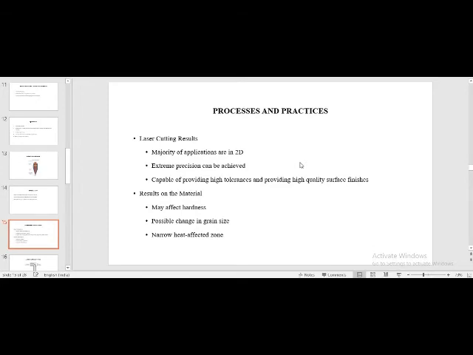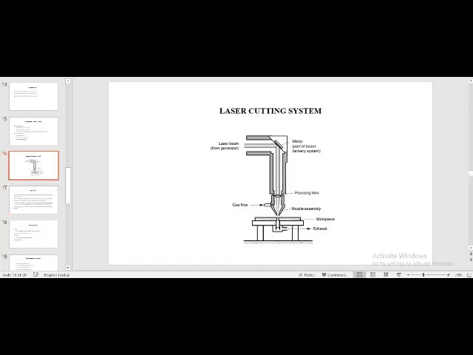When we heat a material, the grain size can increase or decrease. There is a narrow heat affected zone. If a body is big but the laser cutting operates on a very small area, it can also cause erosion, which really looks ugly.